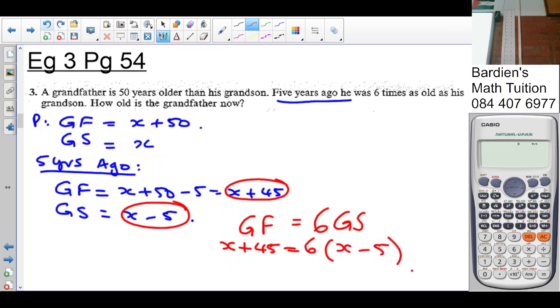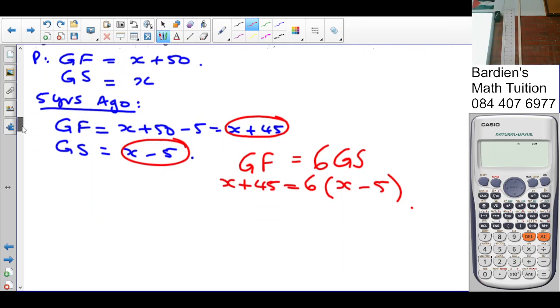Okay, so what does that now become? Solve for x. You guys understand? Will I do it again? Yes. Okay, let's solve this and then I will work it out the other way around. I'll show you another way of doing the same thing.